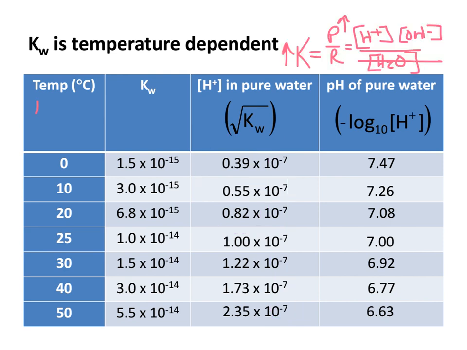if we are going to increase the temperature as we go down this table, what we would be doing in turn, since K is temperature dependent, is shifting it further to the right as we just discussed, making more products, then I would be increasing the K value. So we see that as we increase the temperature, we also increase the Kw value.